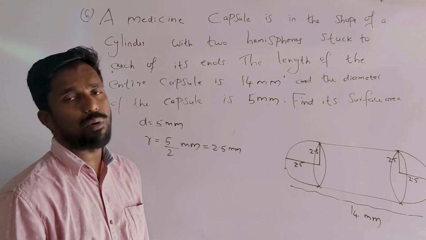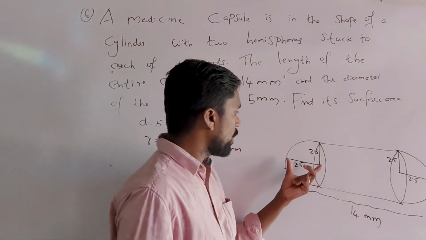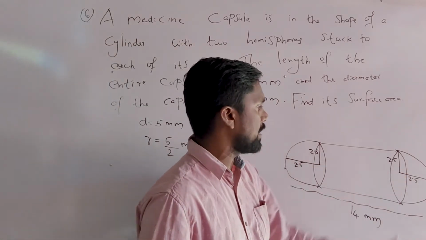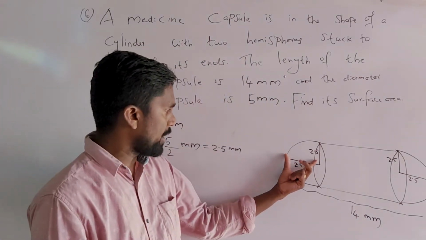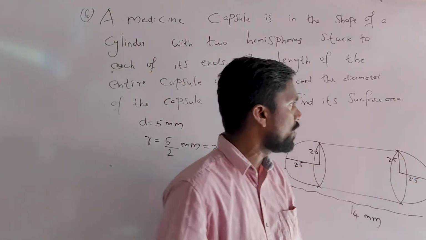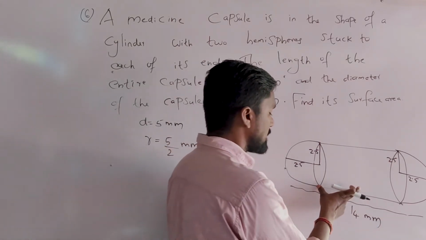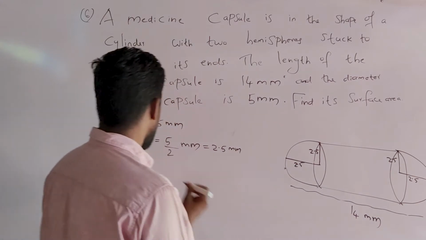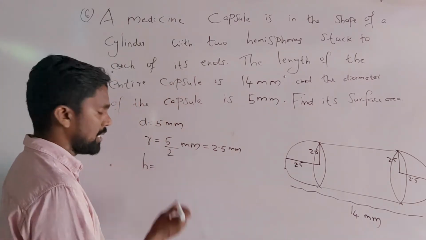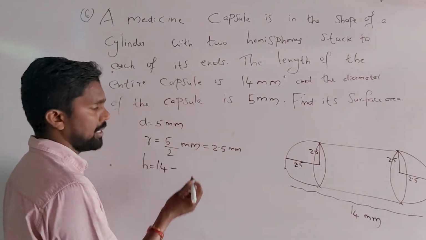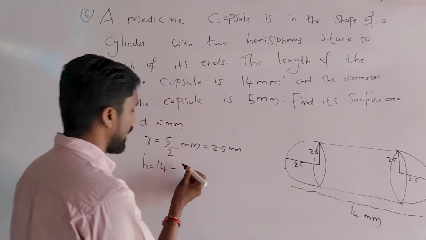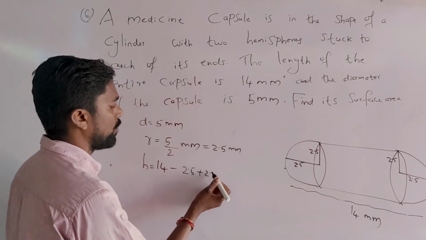The next very important thing is total 2 hemispheres, it will come to 5: 2.5 plus 2.5. Total is 14. So you can find out the cylinder's height. Height of the cylinder means 14 minus 2.5 plus 2.5.